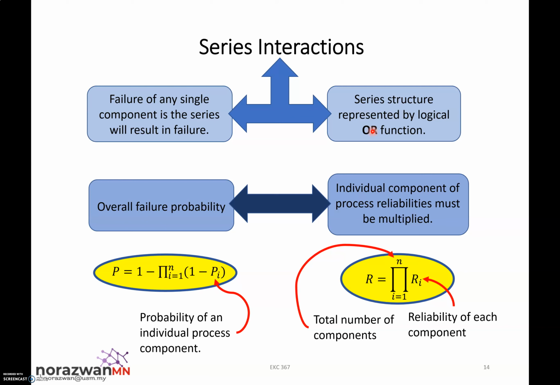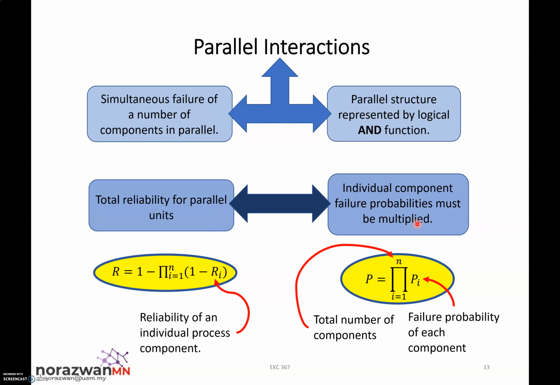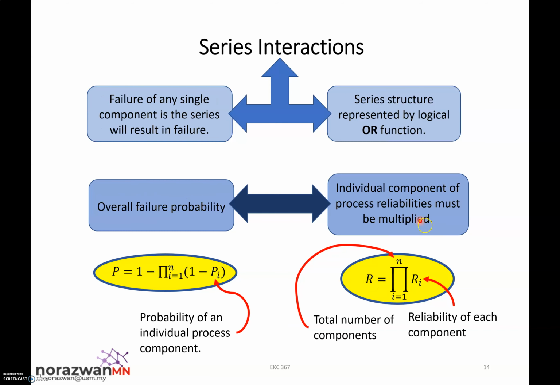So the individual component process reliability must be multiplied. As we compare with the previous one, there the individual component failure probability must be multiplied, but for the total for the series, we use reliabilities. Reliabilities must be multiplied.